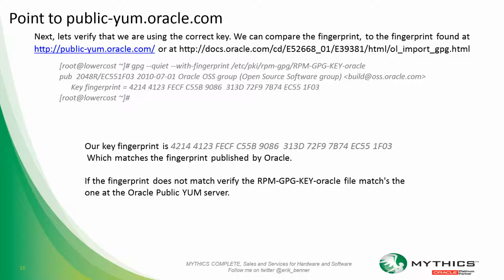We want to make sure that fingerprint matches, and that tells us we have the right key file and that we can use it to automatically check the downloads to make sure they're signed correctly and legitimate. There are two places the fingerprint is published at Oracle. One, you'll see at public-yum.oracle.com. You'll also see the fingerprint published in the documentation at Oracle.